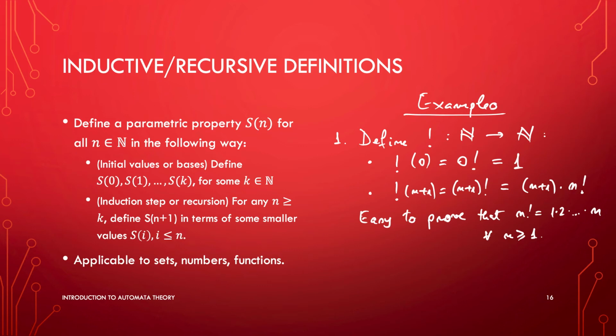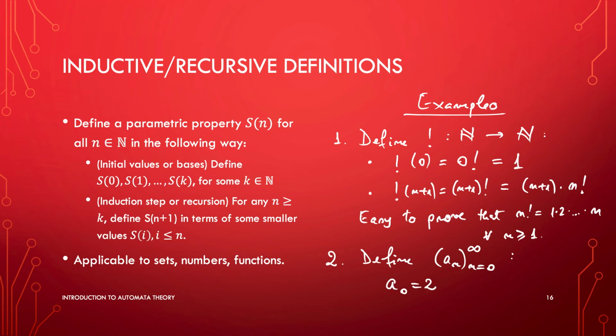Here is another example. I'm going to define a recursive sequence, a sequence of numbers a_n, from n equals 0 to infinity, so just an infinite sequence of numbers. And I will do it in the following way. I will say the first value in this sequence is going to be equal to 2.